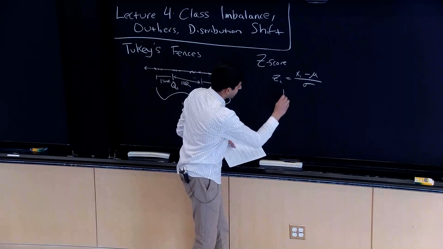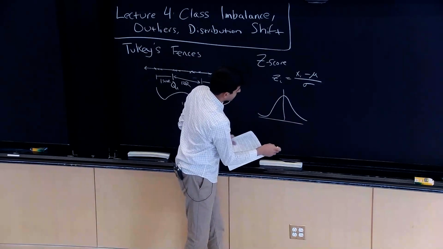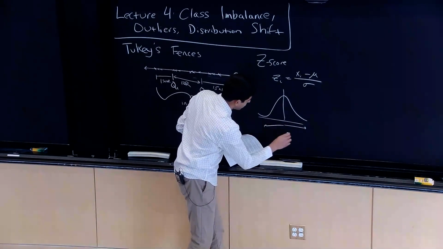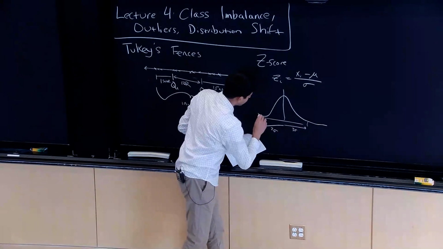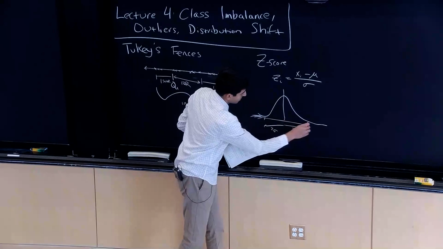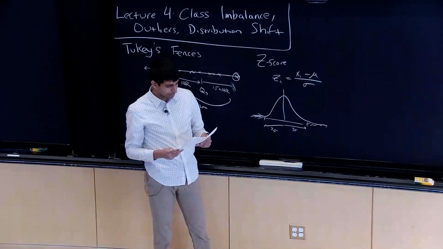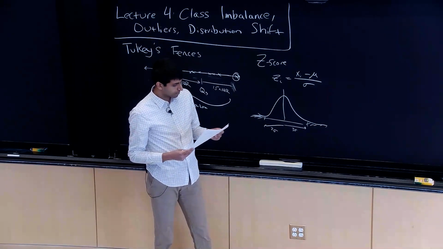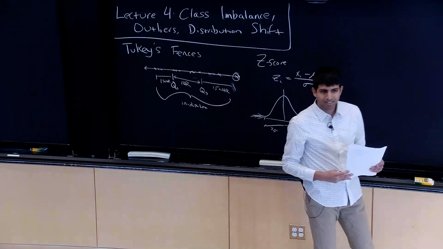If you have normally distributed data, for example, you might pick some threshold, like okay, we're going to look 3 standard deviations on either side and define anything at these tails of the distribution to be an outlier. Yet another simple method. Any questions about that one?